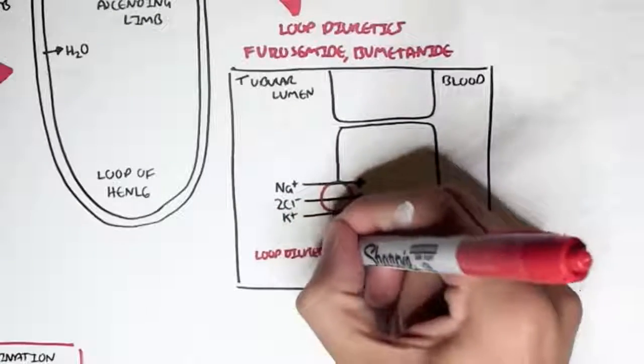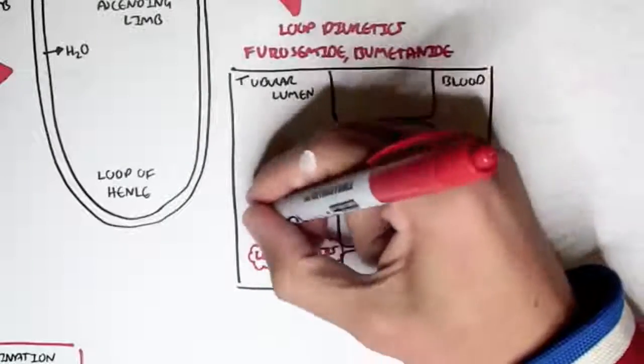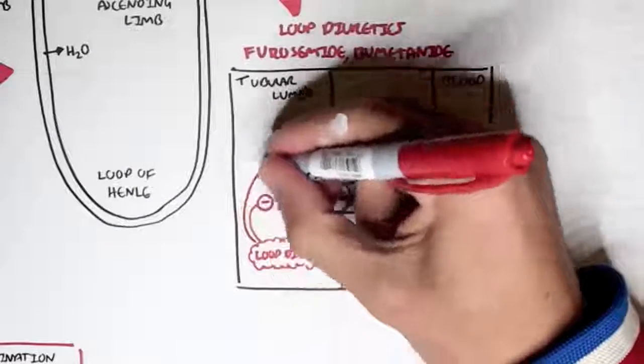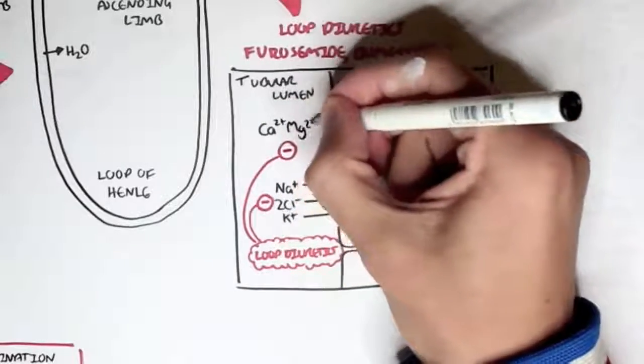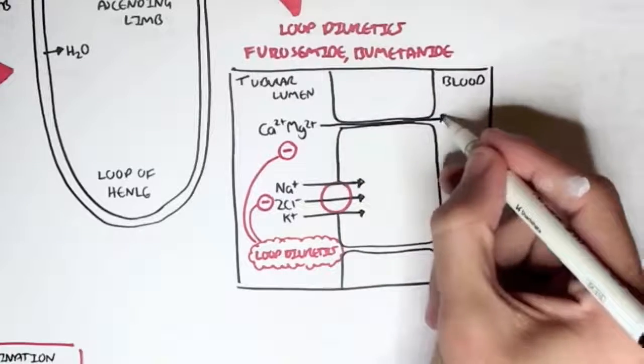Loop diuretics inhibit the chloride from being reabsorbed and thus disrupt the transporter, so the other ions are not reabsorbed either. In the long term, loop diuretics will also prevent the reabsorption of calcium and magnesium ions.